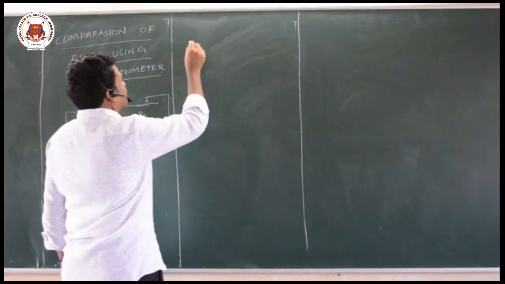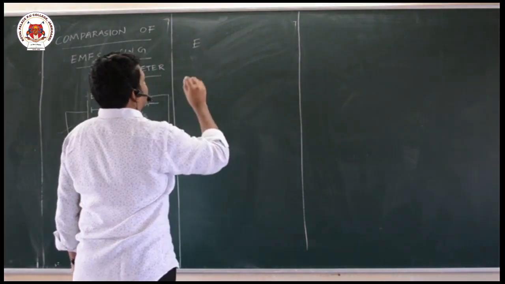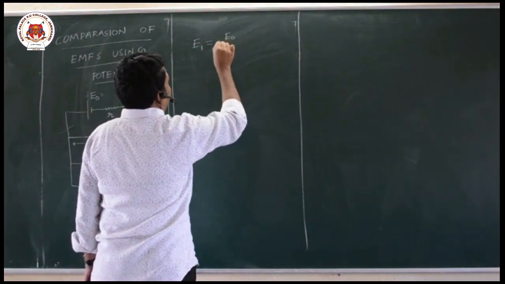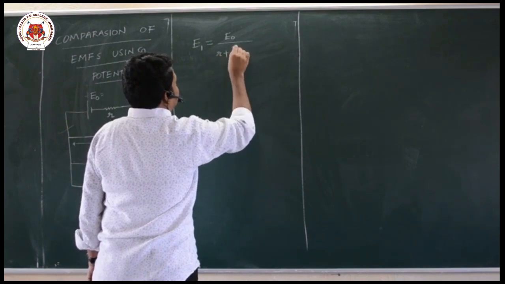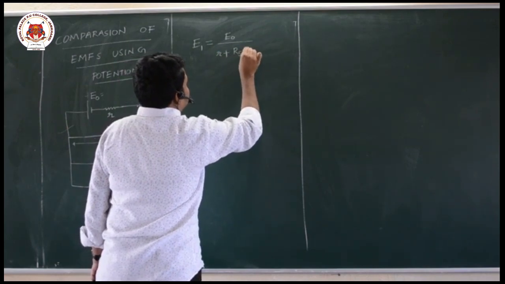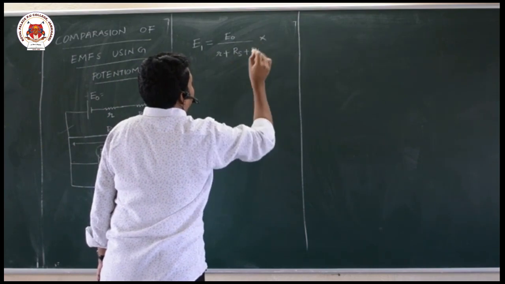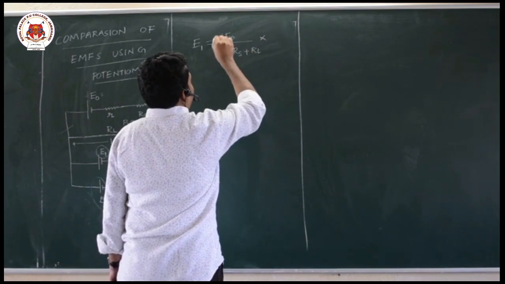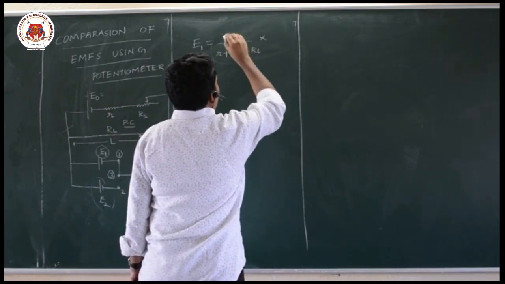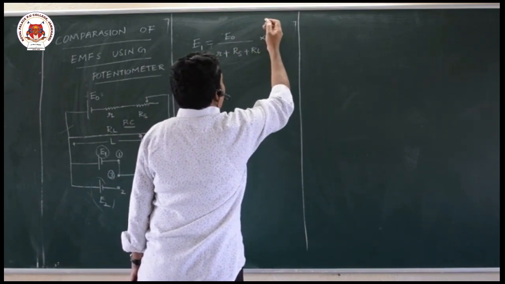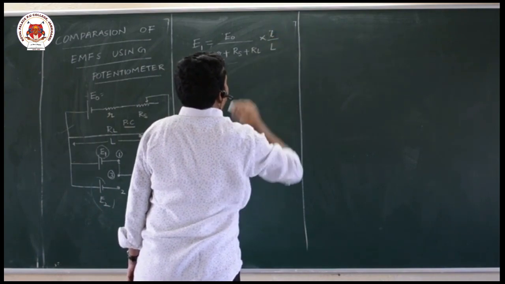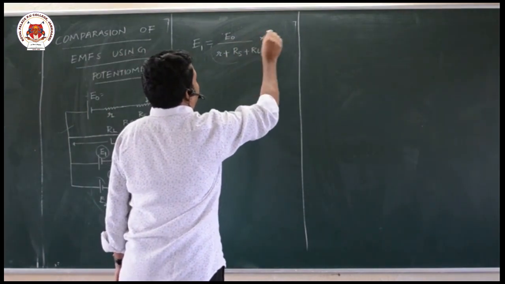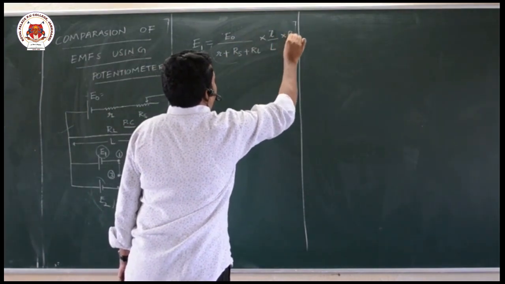Based on the formula of EMF derived in the last class, E1 is equal to E0 by (r plus RS plus RL), which is the value of the current, into RL into small l by capital L.